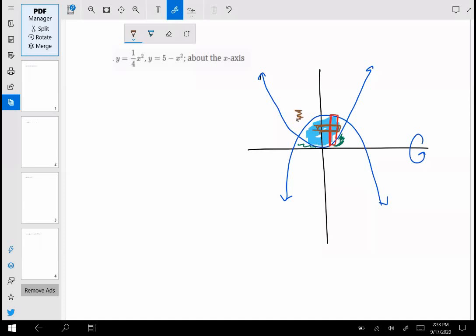Okay, that rectangle would run between the same function, the 5 minus x squared. And then on the lower half of it, the height of that rectangle would be between the same function there. And so we need to know how to deal with that.